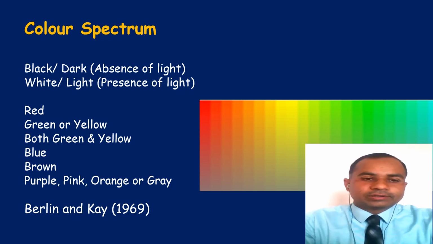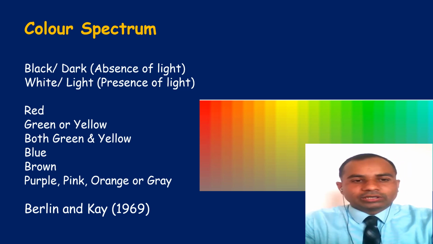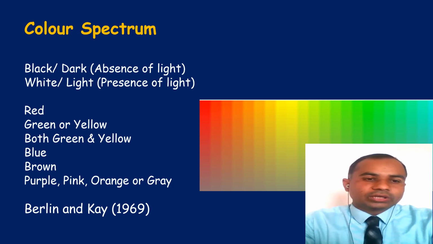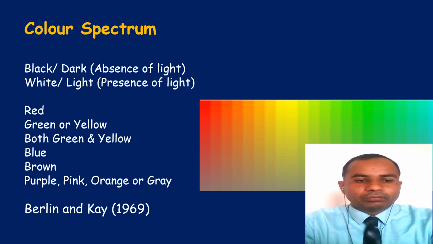But some other communities have a four way color system, and along with black, white and red, they know either green or yellow. And when they have a larger number of colors, they know both green and yellow along with black, white and red. It goes on like that, and further they have blue, brown, and lastly purple, pink, orange or gray.